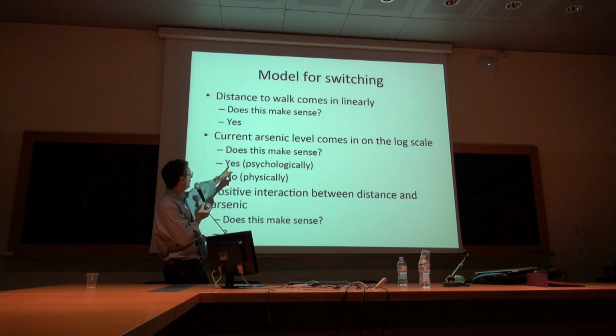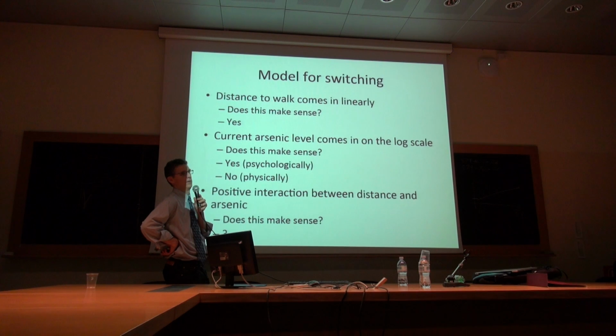Does this make sense? Psychologically, I think this makes sense. Psychologically, an arsenic level going from 1/2 to 1 or 1 to 2 or 2 to 4 or 4 to 8, each seems equivalent. Now physically, that's not true. Let me put it another way.